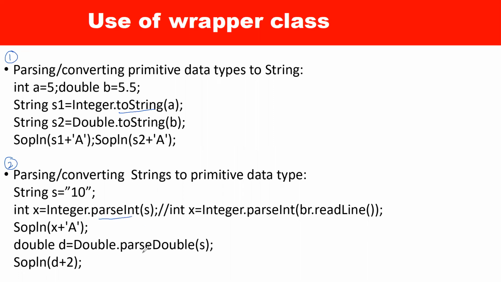Like parseInt, you have parseDouble, parseFloat, which convert the accepted argument into the respective data type. Now, all the methods of wrapper classes are static in nature. And you know that static methods are called using class name and dot operator, right?